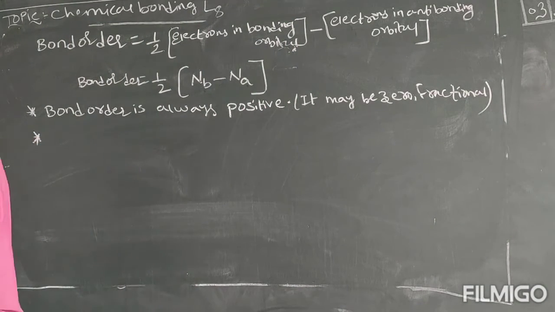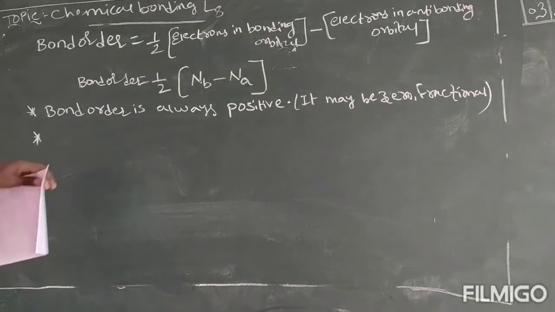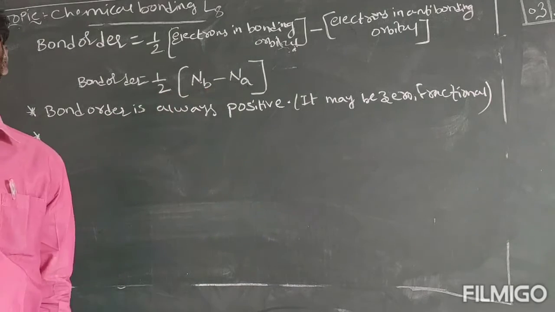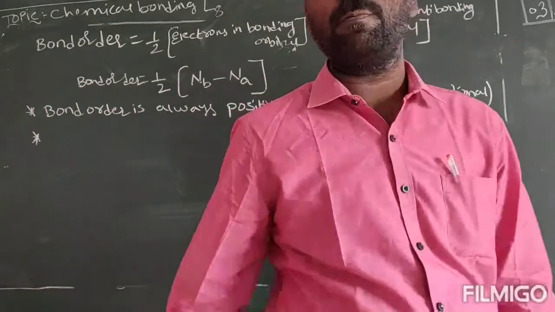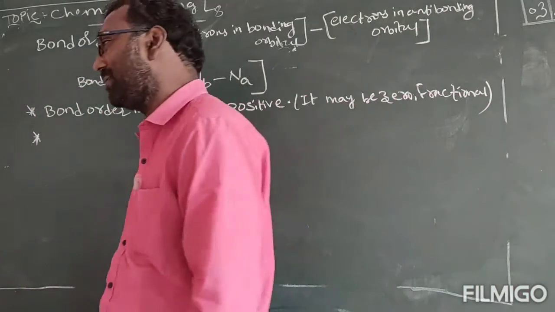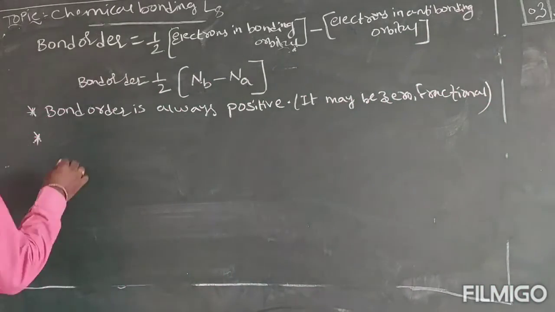And what happens if Nb is greater than Na? If Nb is less than Na? If Nb is equal to Na? That we are going to see now.